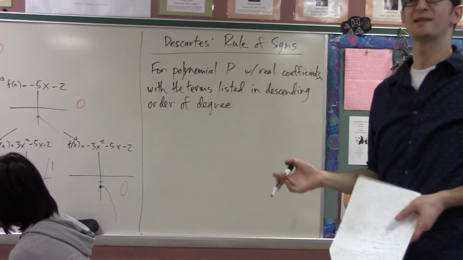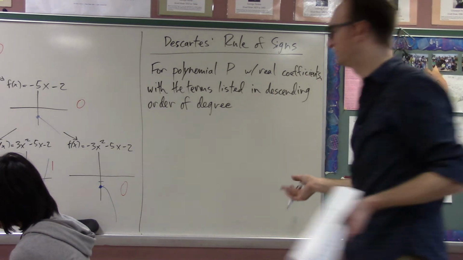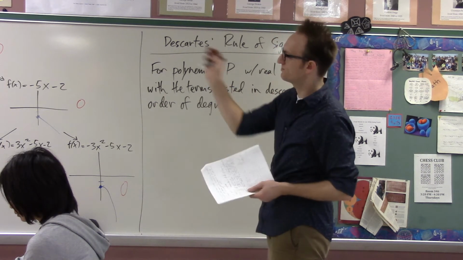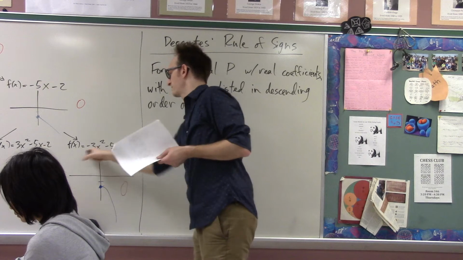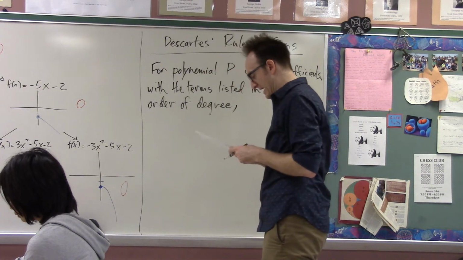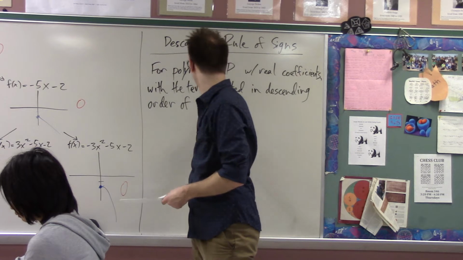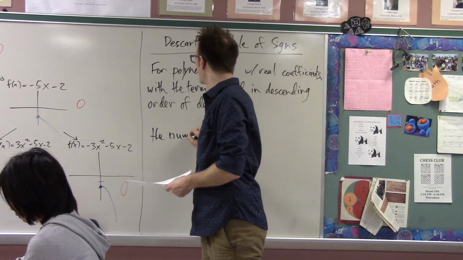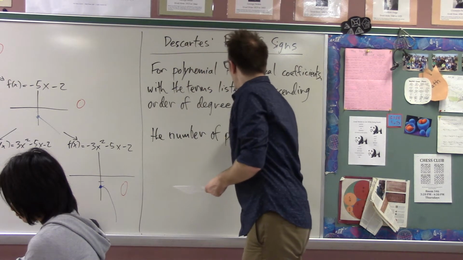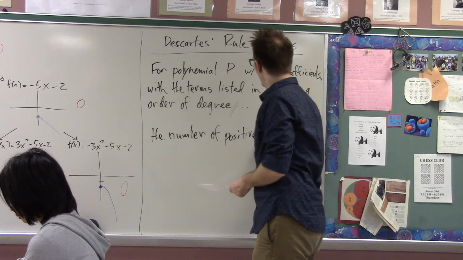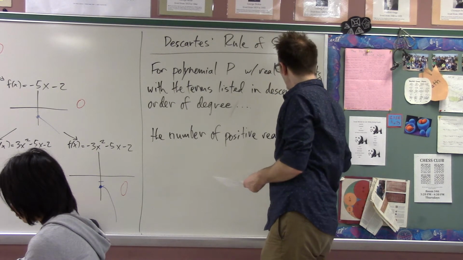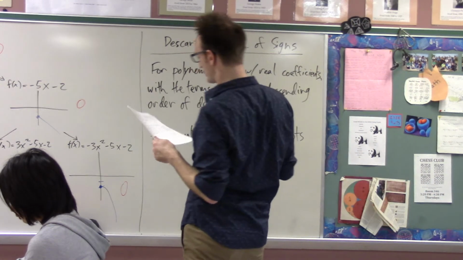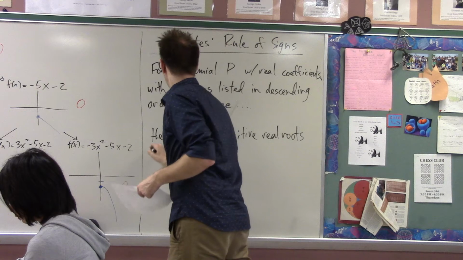In other words, write the polynomial the normal way you normally write it. To apply the theorem, you need to write the polynomial the normal way. Then, here's the theorem. The number of positive real roots is equal to the number of sign changes in the coefficients of p.